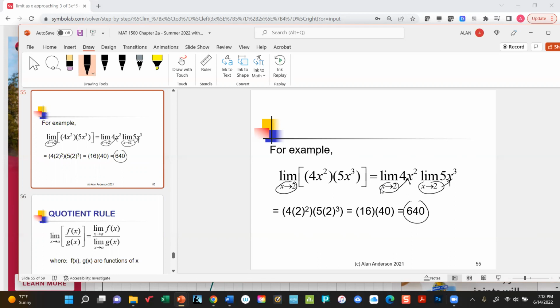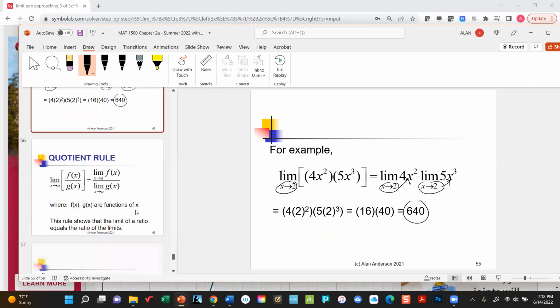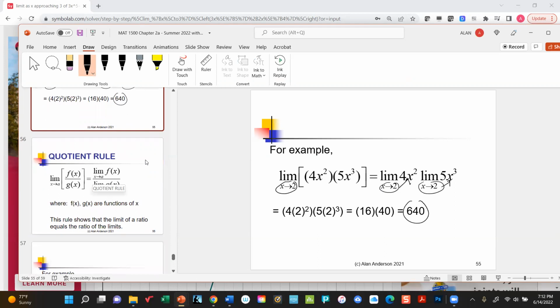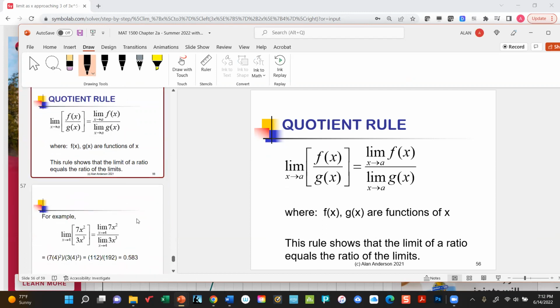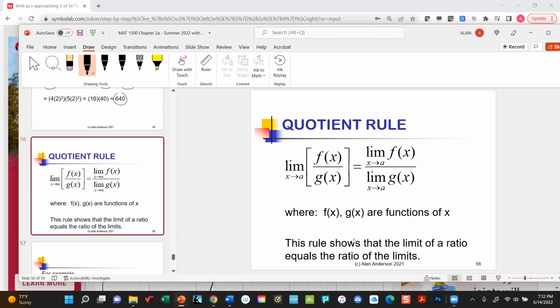Now, this next one, the quotient rule, as it's called, is pretty much exactly what you'd expect. It turns out that the limit of a quotient is equal to the quotient of the limits. The only thing we have to watch out for is that it must be the case that this limit cannot be equal to 0.